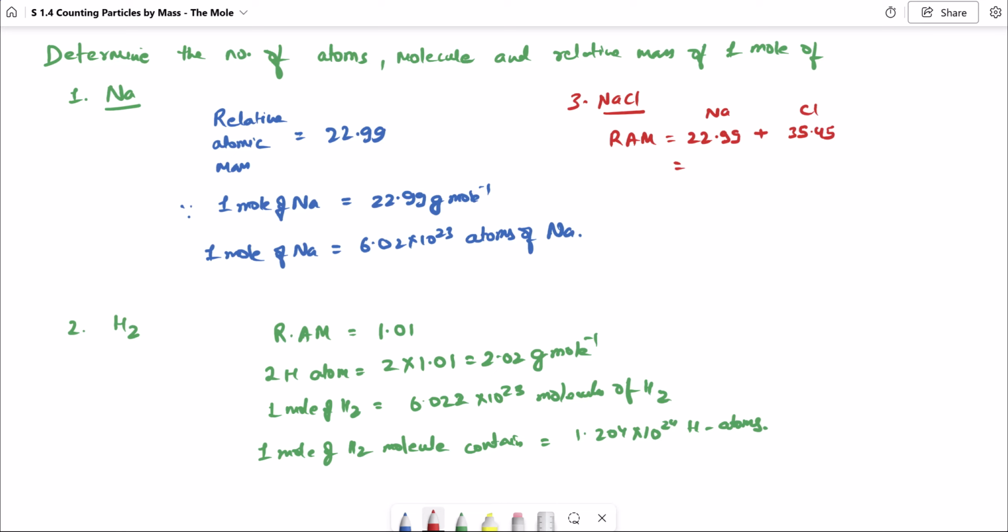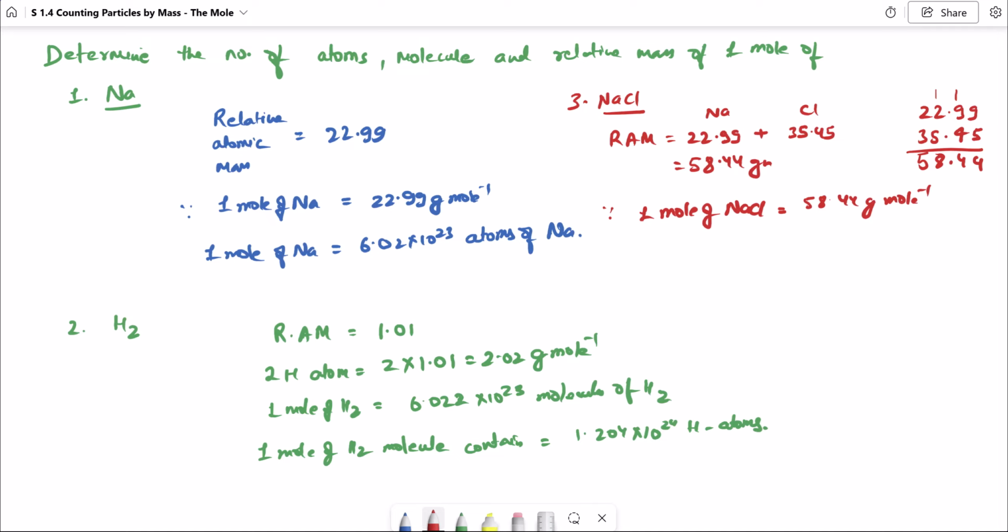If you add them, the answer is 58.44 gram. Therefore the mass of 1 mole of NaCl is 58.44 gram per mole.